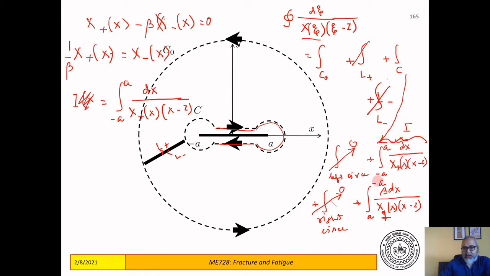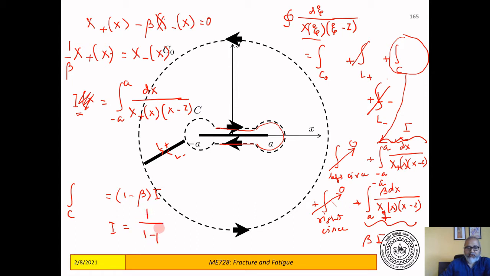This is I, and this is beta times I. So the integral over C is equal to 1 minus beta of the integral that I want to actually derive, 1 minus beta I, which means I is equal to 1 by 1 minus beta, the integral over C of this function. So this is a result that I have.